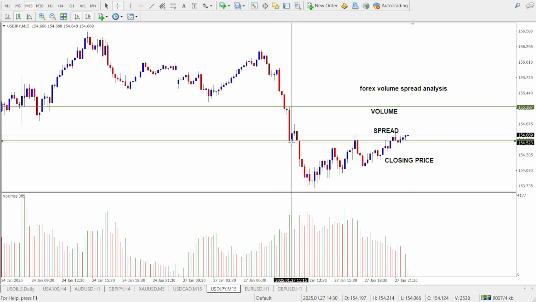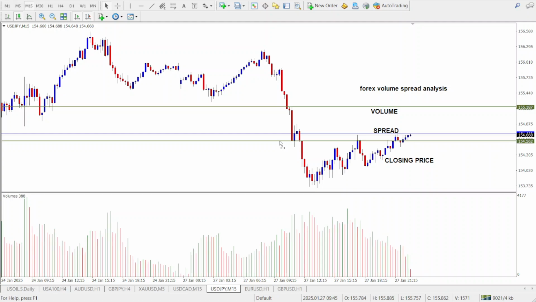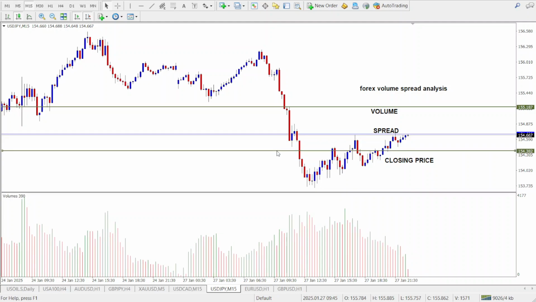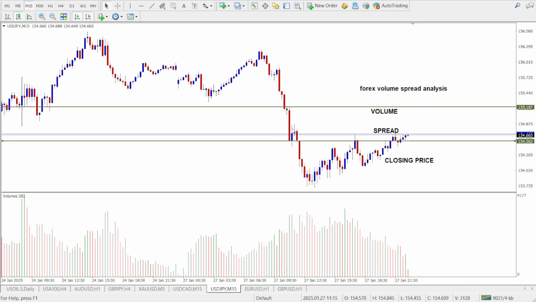You can see how this particular candle's closing price is at the bottom of the candlestick. So it can indicate strong selling interest or supply. The reverse is the case for a buy. If you notice a wide spread, high volume, and the close near the high, that's going to indicate strong buying interest or demand.